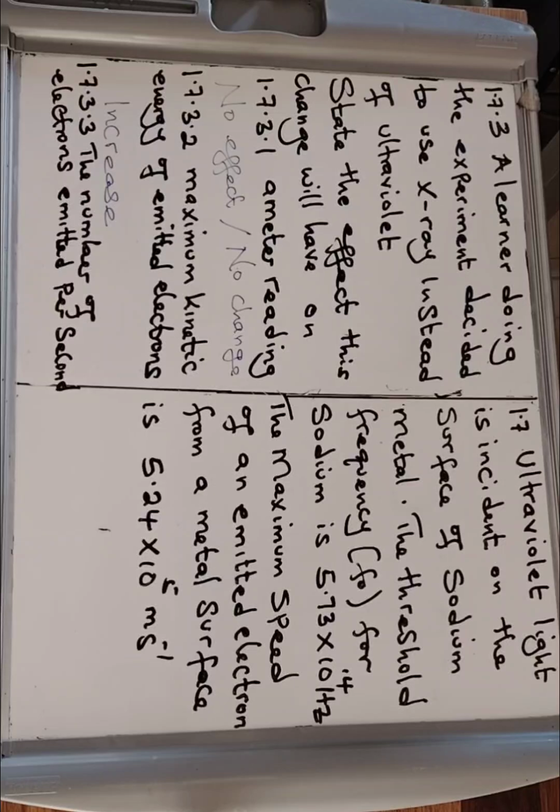The question says, effect on the number of electrons emitted per second. You have to remember that the change is substituting ultraviolet with X-ray. We are taking out ultraviolet, replacing it with X-ray.